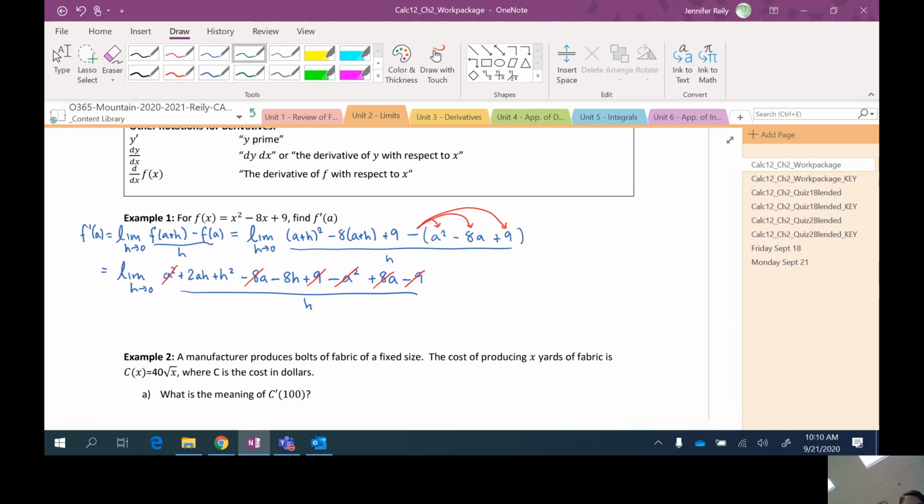And we use a different color to cancel the h's. So we're free to cancel one h from every term. So there's not much that's left. Limit as h goes to 0 of 2a plus h all over 1. So now I can use the direct substitution property and just plug in 0.